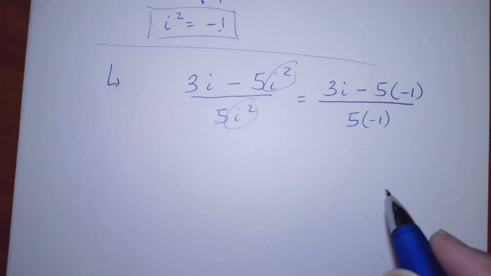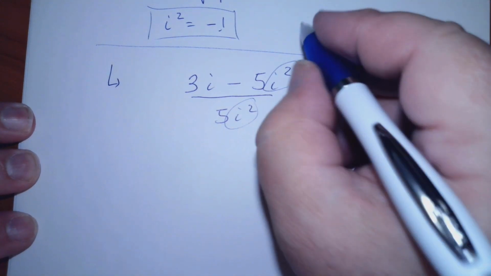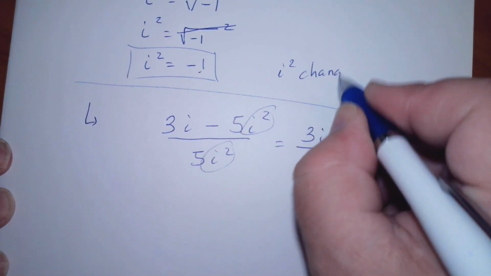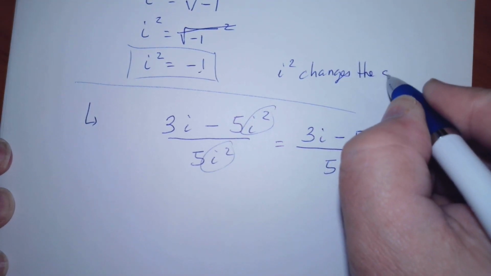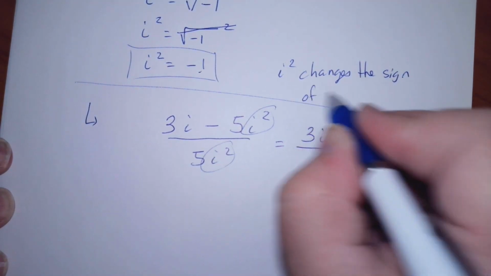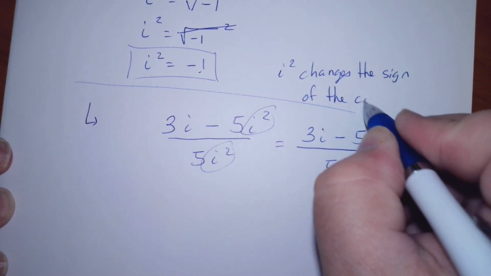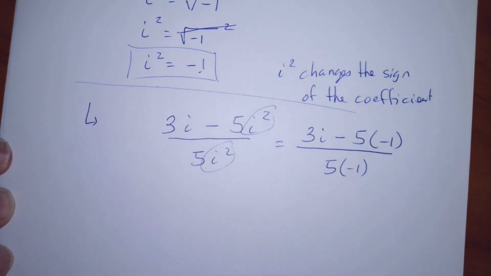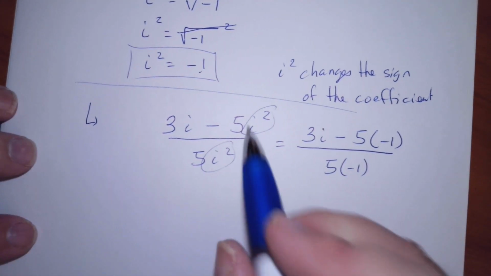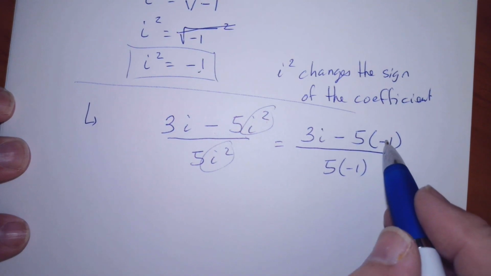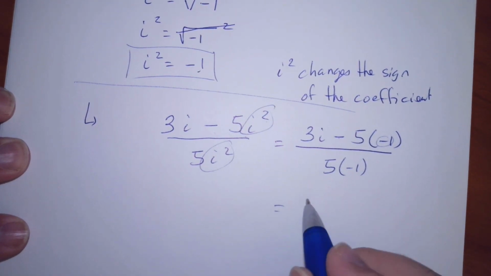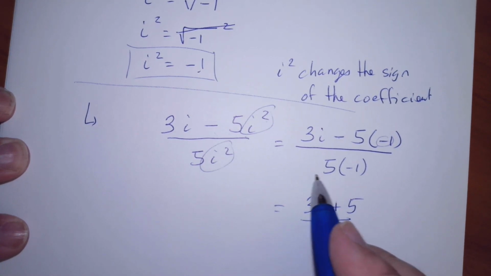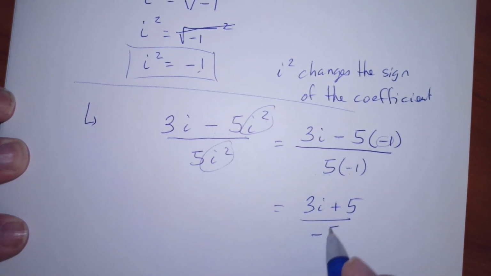Basically, all i squared does is change the sign of its coefficient. Since it's -5i squared, it's going to change it to plus. Since a +5 down here becomes a -5.